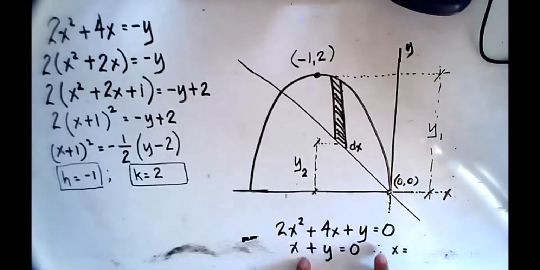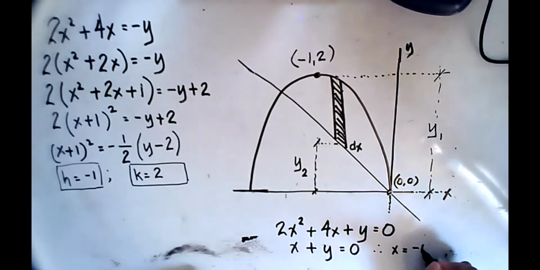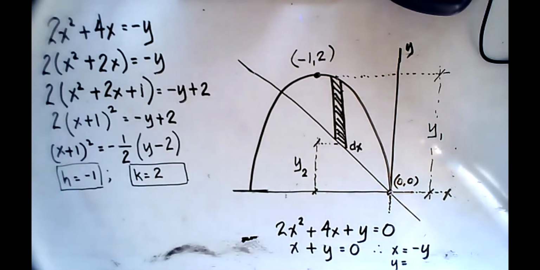Lipat natin doon sa kabilang side, di ba? Okay, negative y. Or y is equals to what? Negative x. Very good. Okay. That means x is equals to negative y, and y is equals to negative x. Di ba?